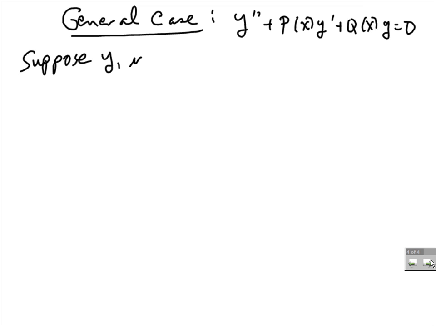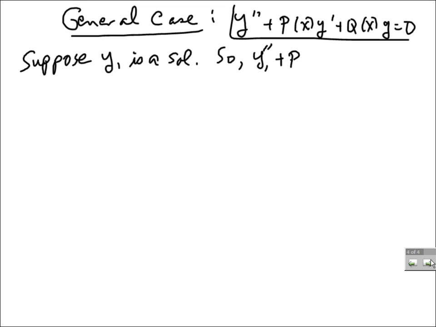Suppose y1 is a solution to this equation. So, y1 double prime plus p times y1 prime plus q times y1 equals 0. I'm not going to write the of x.